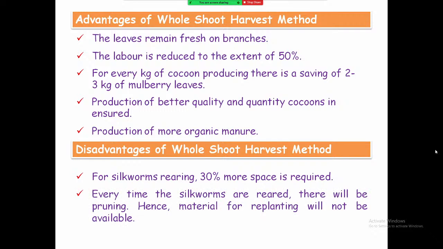And every time the silkworms are reared, there will be pruning. Hence the material for replanting will not be available.